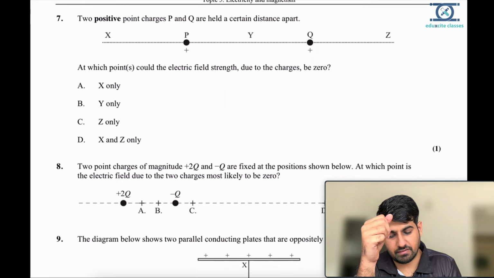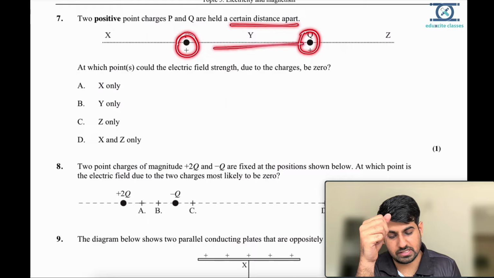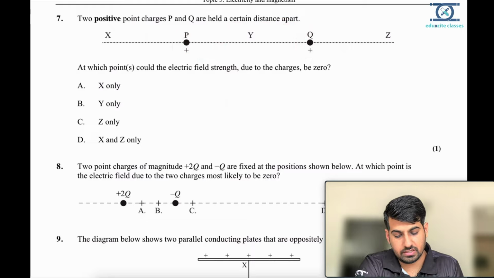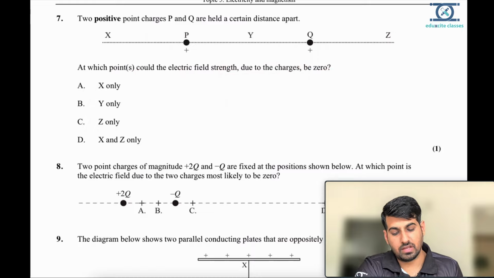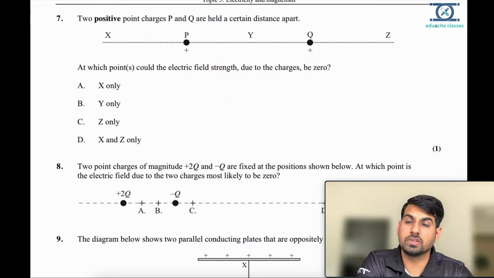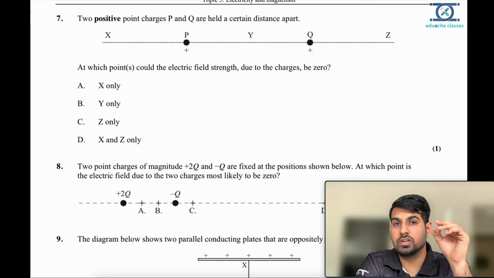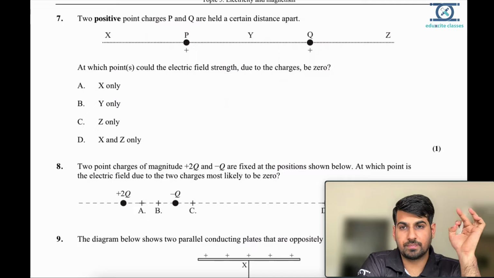Now question number 7. Two positive charges P and Q are held at a certain distance apart. At which point could the electric field strength due to the charges be 0? Now always whenever you're supposed to find out the electric field strength, just put a unit positive test charge there, and see how it is happening.